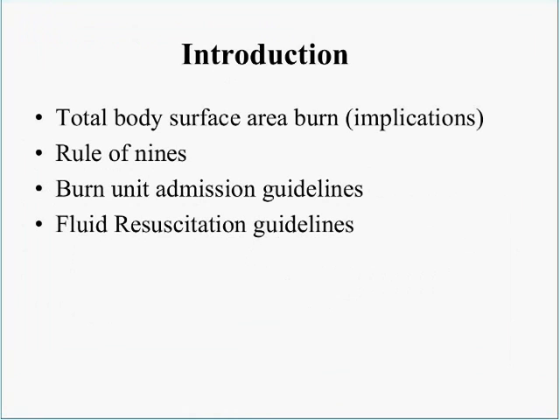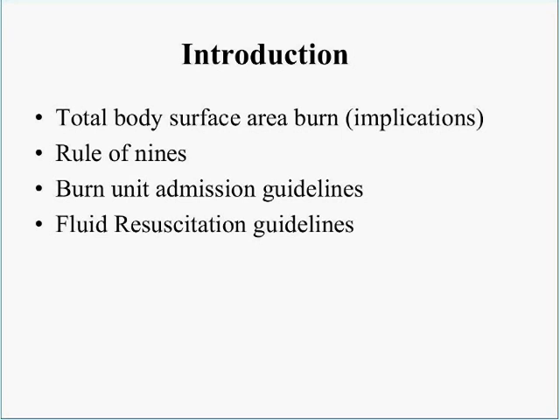Start first with total body surface area burn, the rule of nines, the burn unit admission guidelines, and the fluid resuscitation guidelines. I'm sure that if you've seen any significant burn injury in your practice, you often come across this total body surface area burn.